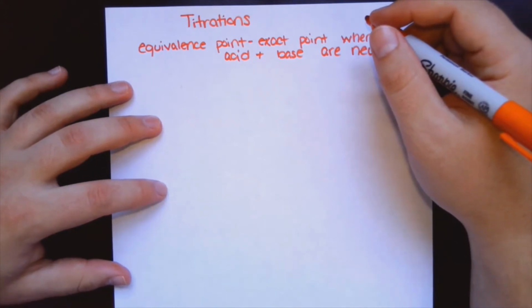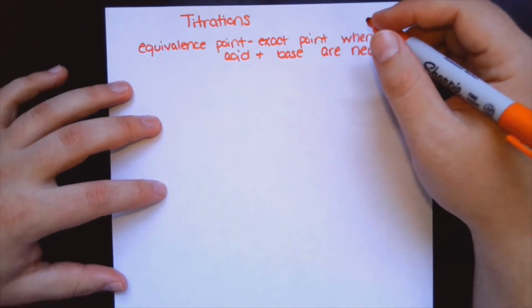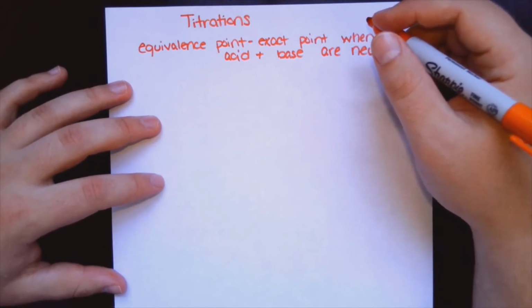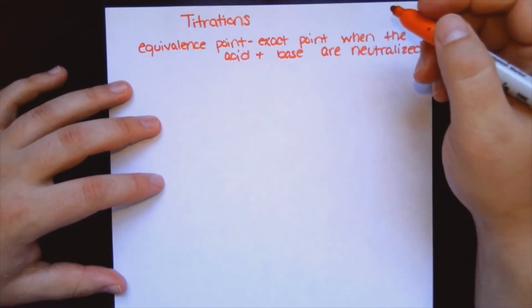If you are looking at a curve of a titration graph, it's right at the inflection point that the equivalence point is.